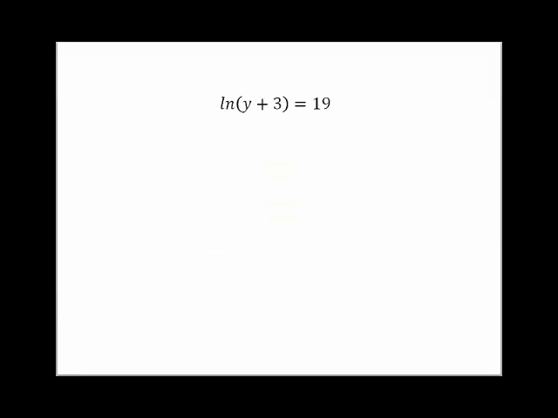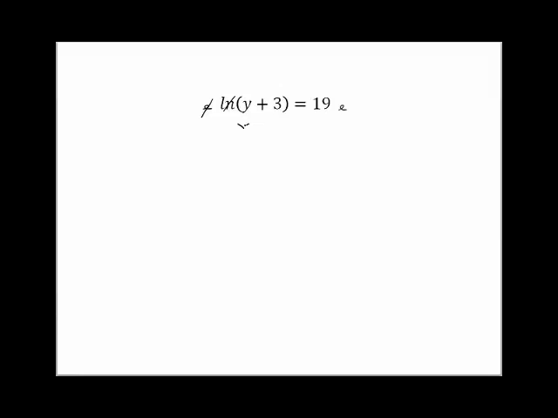So let's give it a try. Here's a problem. Okay, it's already got that ln on one side. Now, remember we talked about ln being the natural log. And what was its equivalent? E. Right? The natural log went along with the e component. So if I add e to both sides, that means this cancels out.